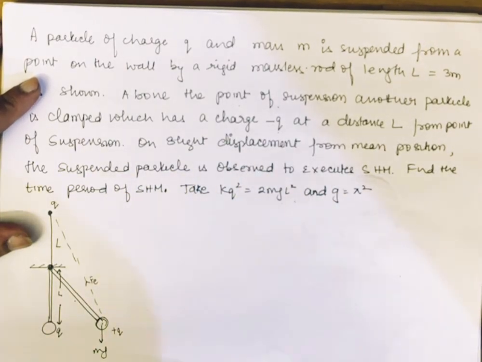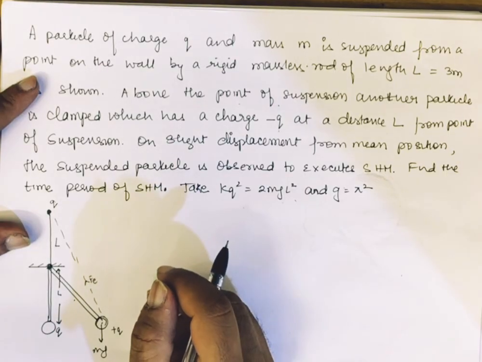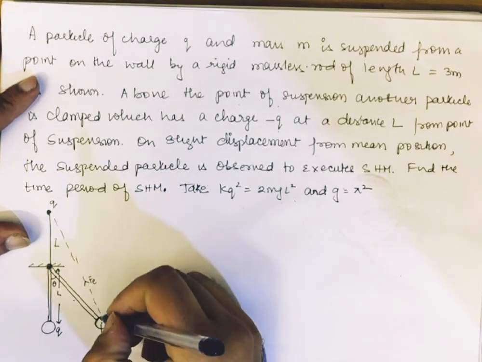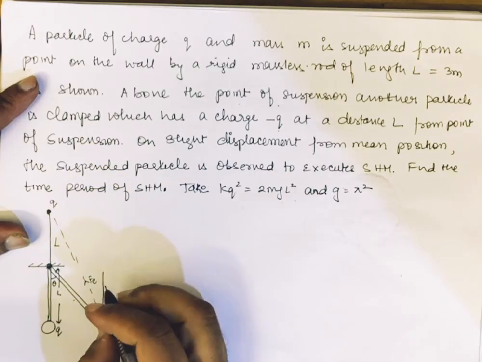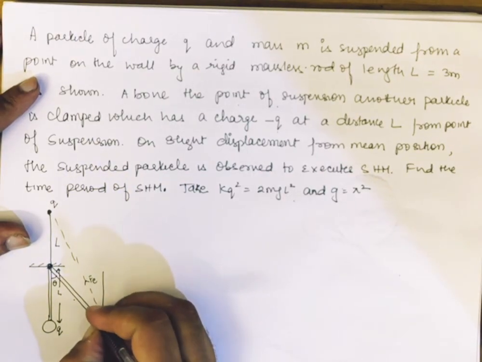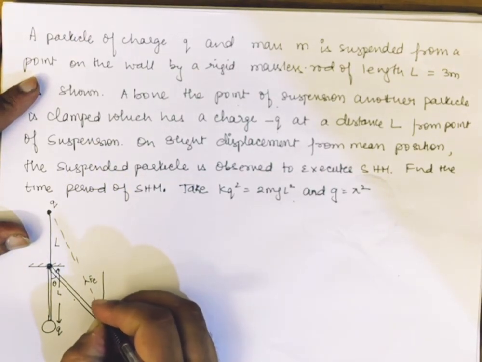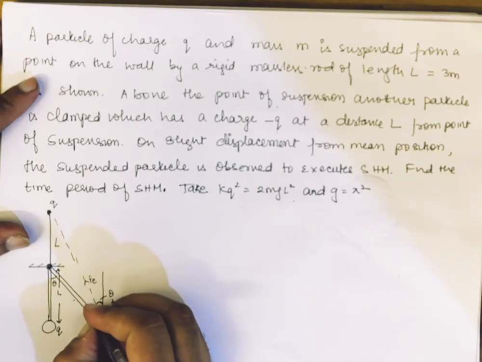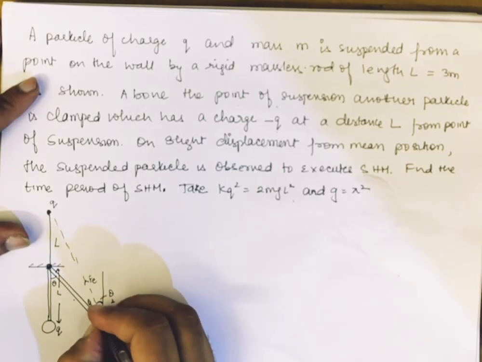From alpha I can find out the time period. Now let's take this as angle theta. If I take a vertical like this, this will also be theta, and this will be equally divided, so this is theta by 2, also theta by 2.